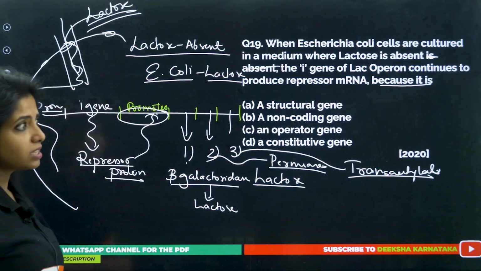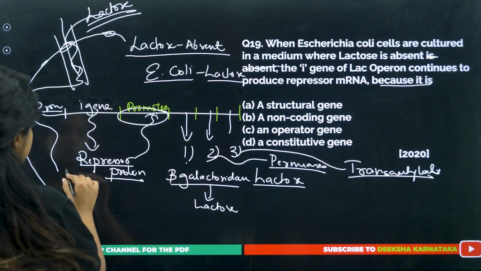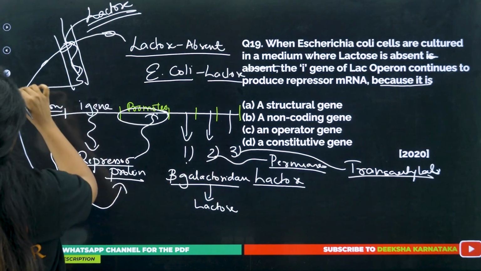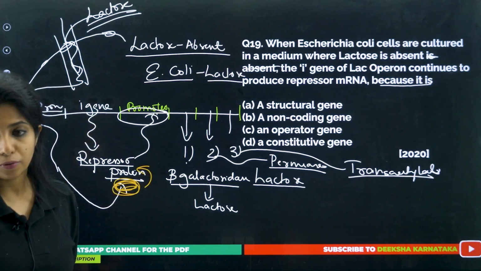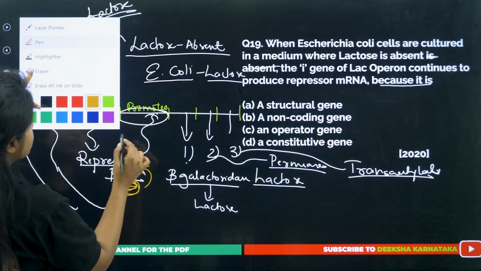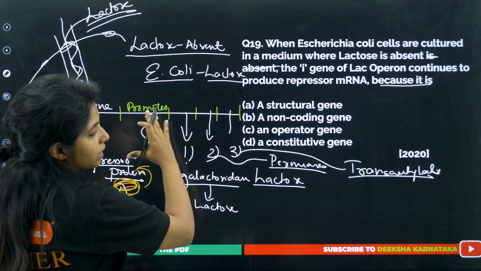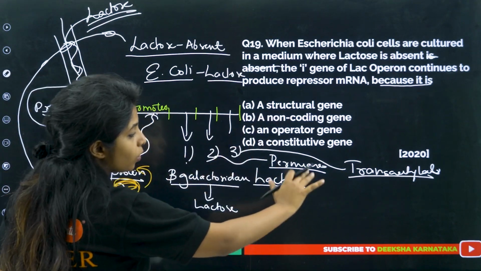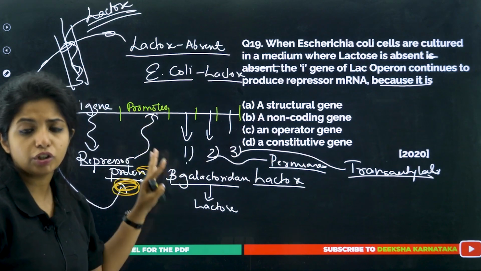When lactose comes in, it goes and binds with the repressor protein such that this repressor protein would not be able to bind to the promoter, and now transcription can take place, and you can get all these enzymes, and the lactose can be broken down to give energy.